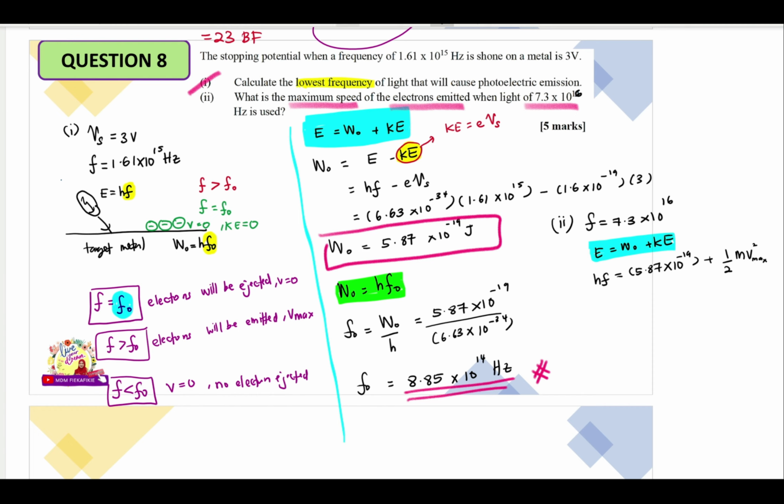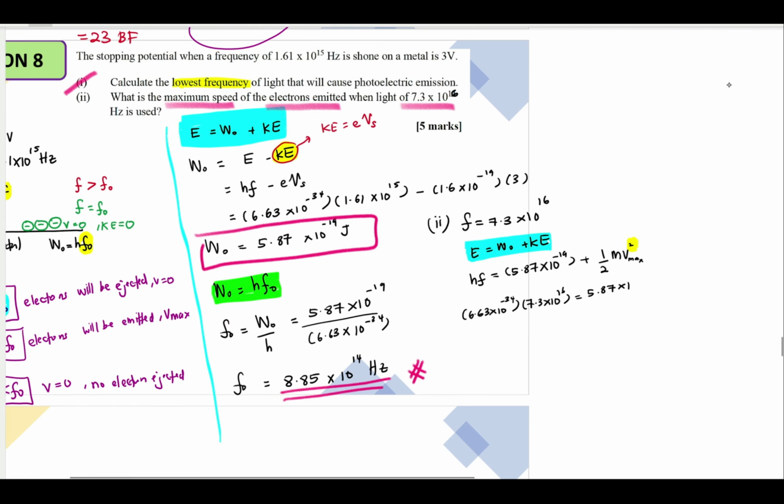Squared ni jangan tertinggal sebab ramai yang careless tertinggal kat situ. So you masukkan nilai mass of the electron, dia dah bagi dekat list of constant kat depan tu. Kan h ini apa nilai tadi, 6.63 eksponen negatif 34. So f tu adalah 7.3, 16 yang soalan dah bagi.